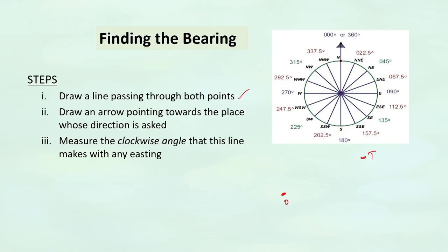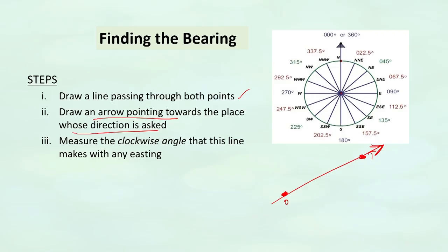First, you should draw a straight line, first step. Next, draw an arrow pointing towards the place whose direction is asked. You are going to observe from this point to that point. So, near the target point, you can put an arrow mark like this, so that this is the observing point and this is the target point.